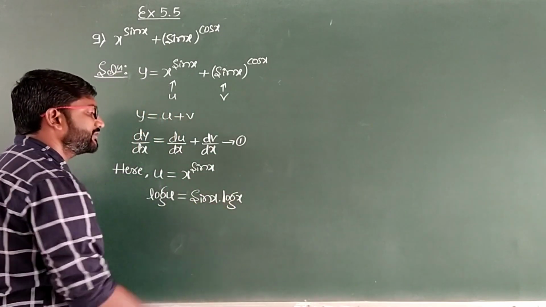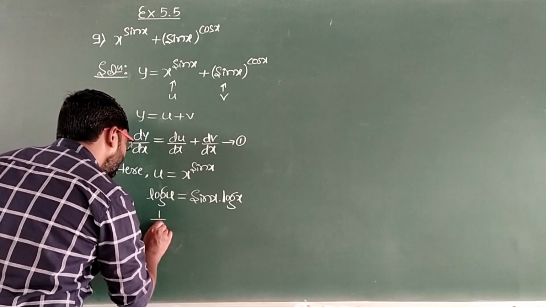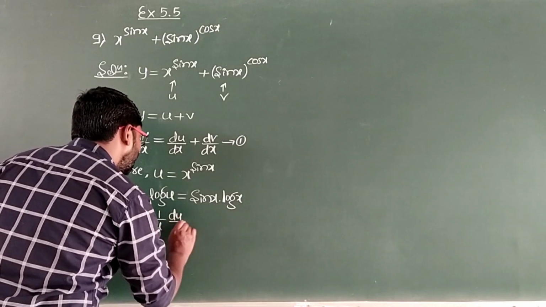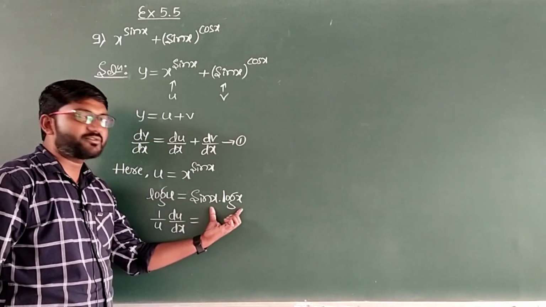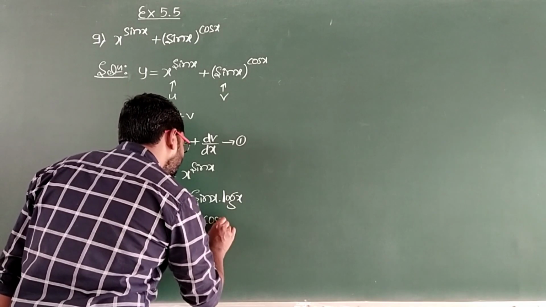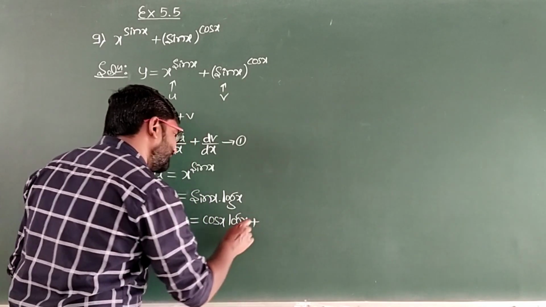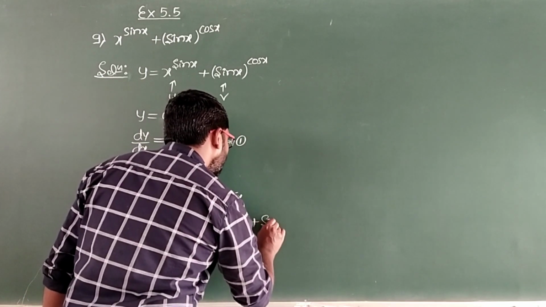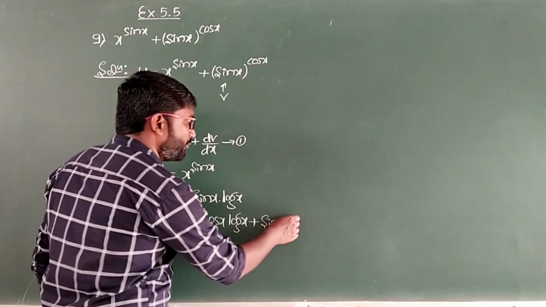Now differentiate both the sides with respect to x. The derivative of log u will be 1 by u into du by dx, which is equal to, so here we will have to make use of the product rule. The derivative of sin x will be cos x, and write the second function as it is, plus, now write the first function as it is, sin x. The derivative of log x will be 1 by x.